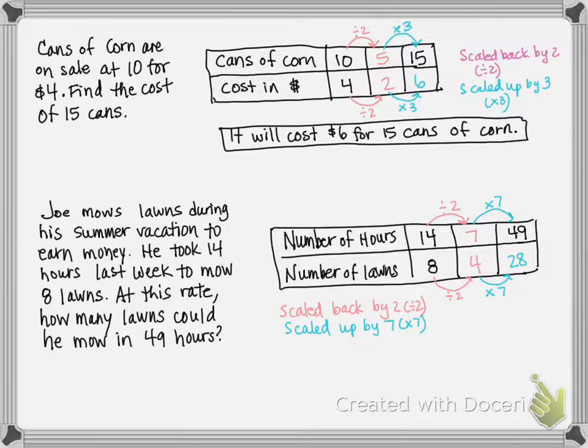So what is our conclusion? Let's see. Joe can mow 28 lawns. I am just taking the question, how many lawns can he mow? And I'm writing it as a statement. Joe can mow 28 lawns in 49 hours.